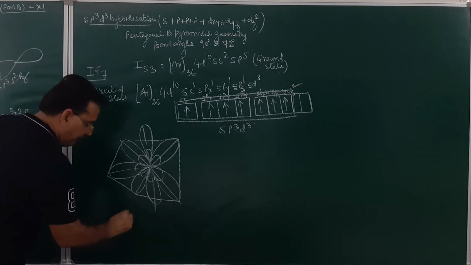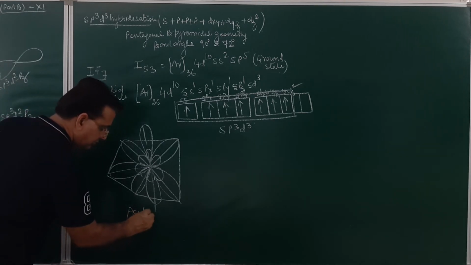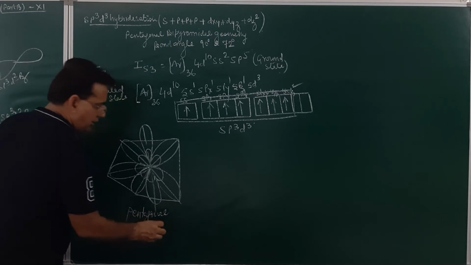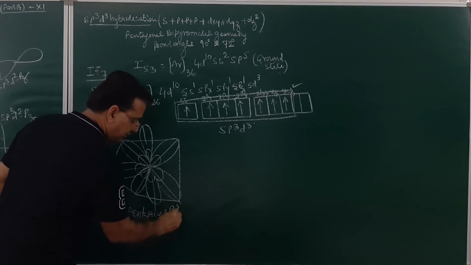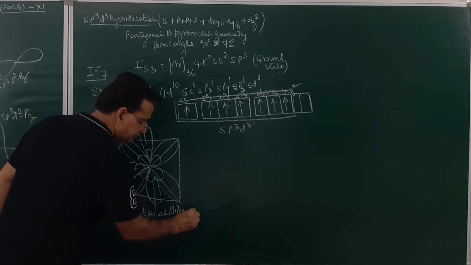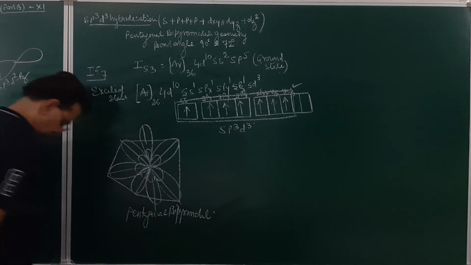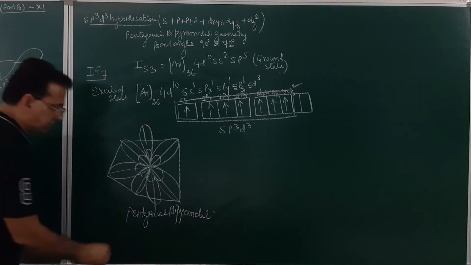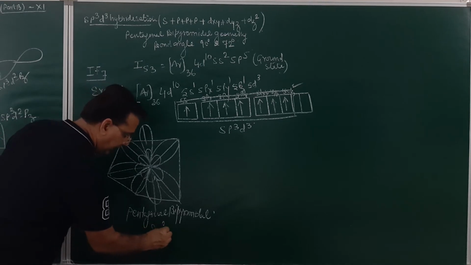What is the geometry? Pentagonal bipyramidal. Bond angle will be 90 degrees and 72 degrees.